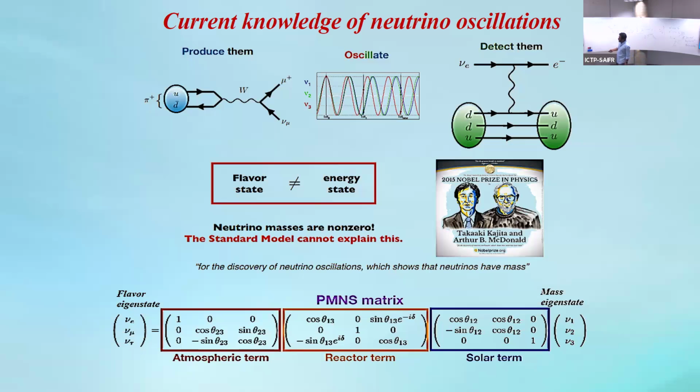You can write down the flavor eigenstate in terms of mass eigenstate this way. Due to this discovery of neutrino oscillation, Kajita and McDonald got the Nobel Prize. Neutrino masses are non-zero, and the Standard Model cannot explain this.